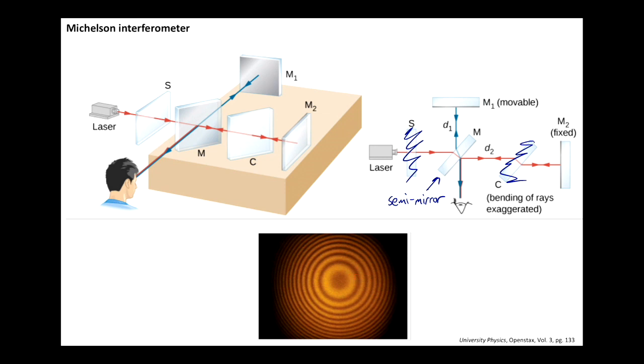So just imagine we're just talking about the beam right in the center. This is the full pattern if you look at everything that's happening. And imagine you just watch whether the middle is dark or whether the middle is light. Just by one of these mirrors moving a quarter of a wavelength, the center of this will go from being dark to lit up because it would be in phase once again.